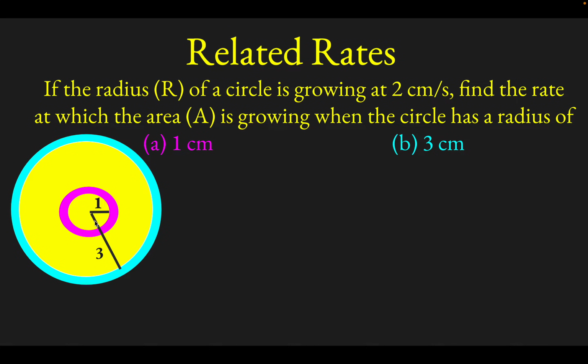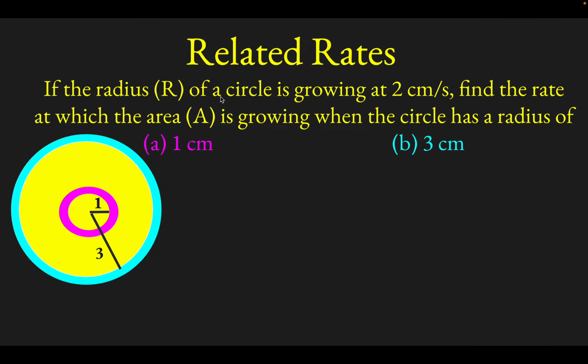When the circle has a radius of 3 centimeters, when you add that same little bit of radius over a given amount of time, you would add this bluish area. And you can see that the bluish area is larger than the magenta area. And so as the radius of the circle grows, the rate of change of the area is going to get larger and larger. So let's see that play out.